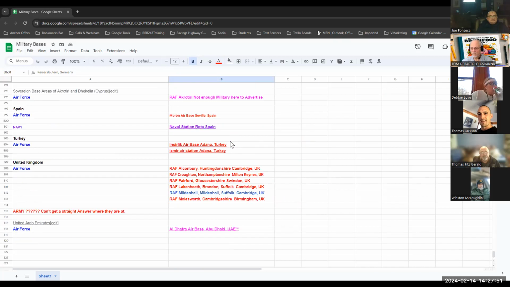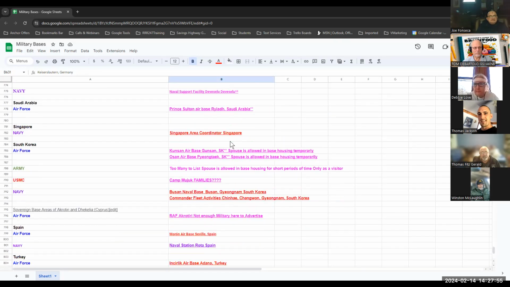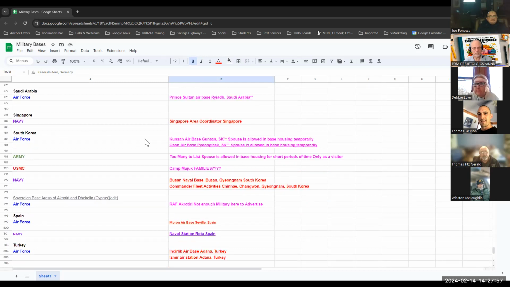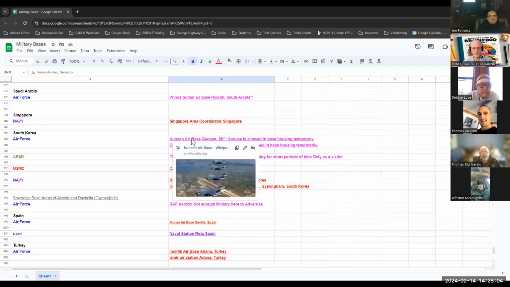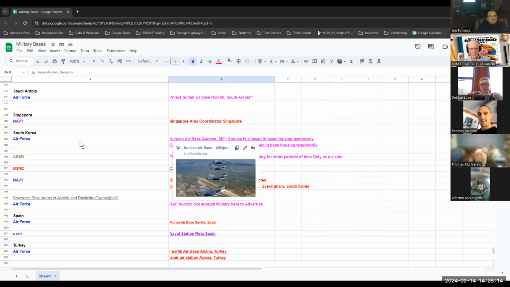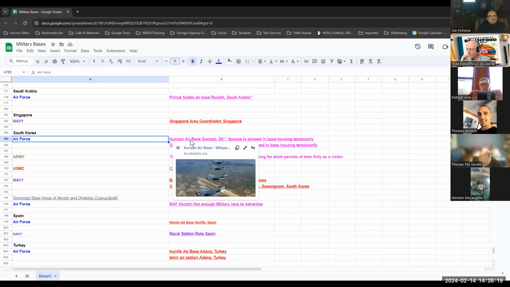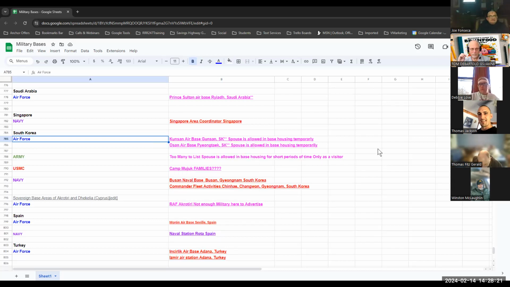For example, South Korea has places where only the spouse is allowed in base housing, and it is only temporary.